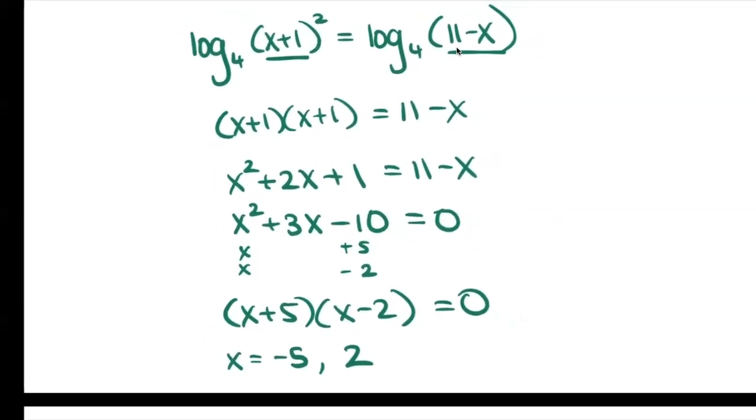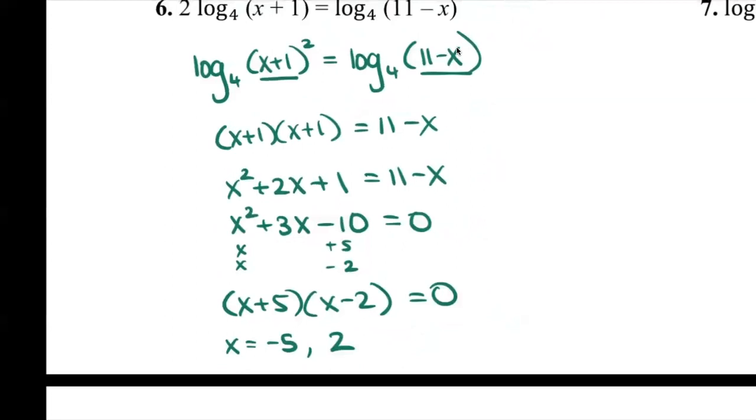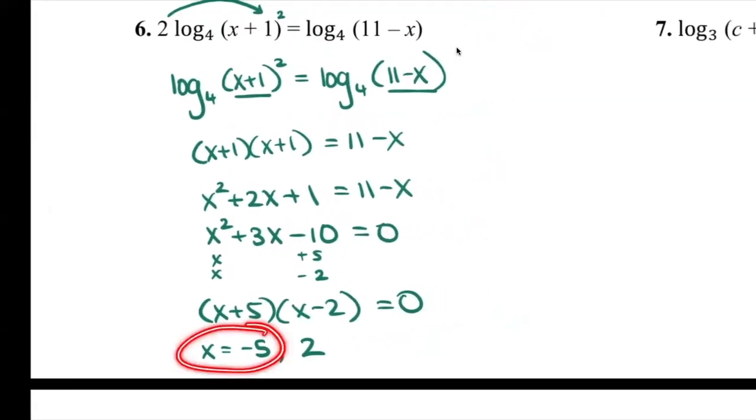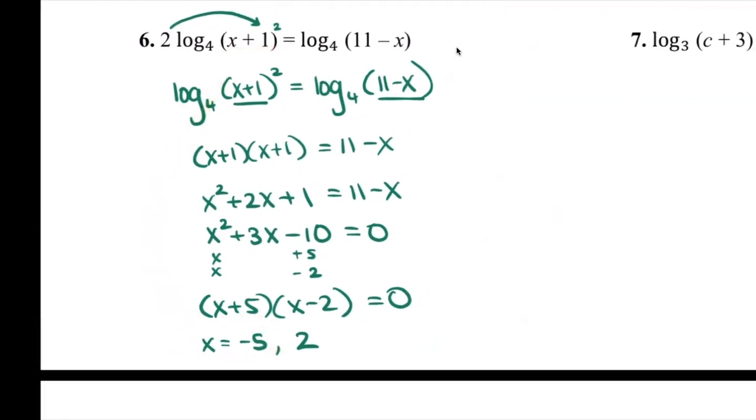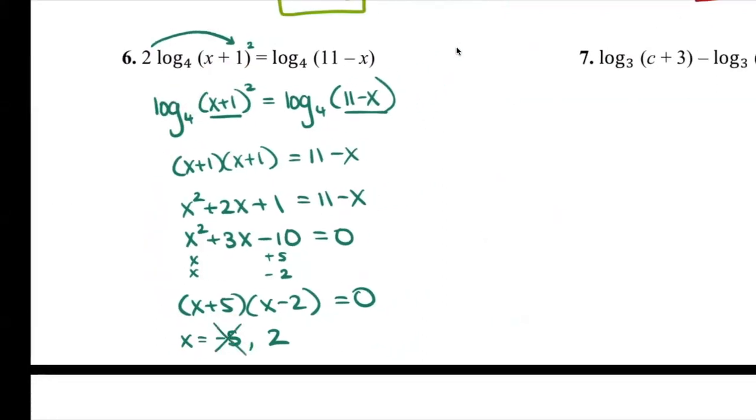Okay, so let's check and make sure nothing goes negative. The -5, when I plug it back into my original, it actually does make my original argument negative. So I'm going to need to toss this answer.